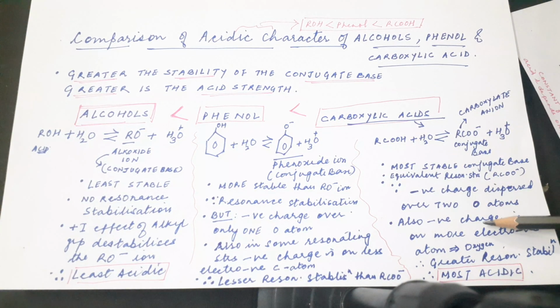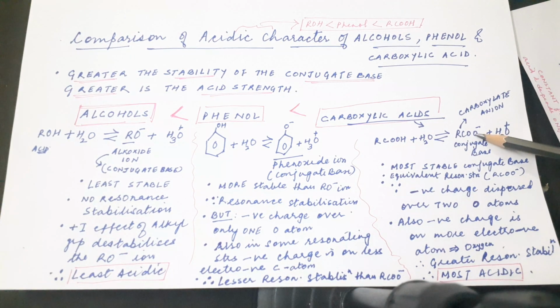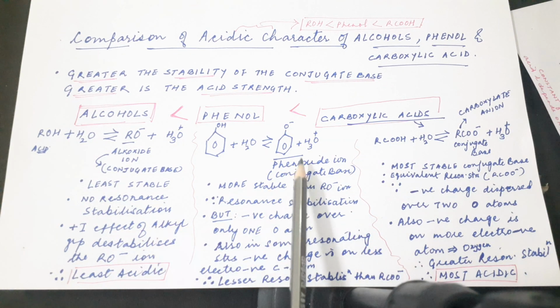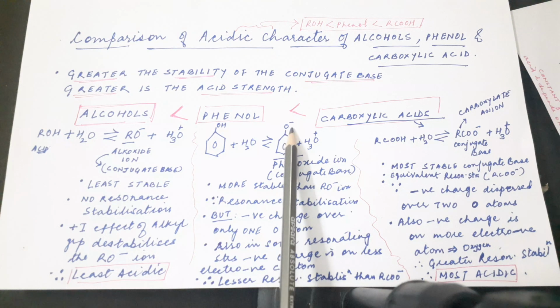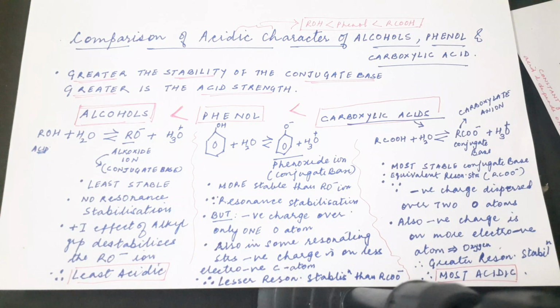And also, the negative charge is present over the more electronegative oxygen atom in this case, as compared to the phenoxide, where in some structures it was over one oxygen and in some structures it was delocalized over the ring on the less electronegative carbon atom.